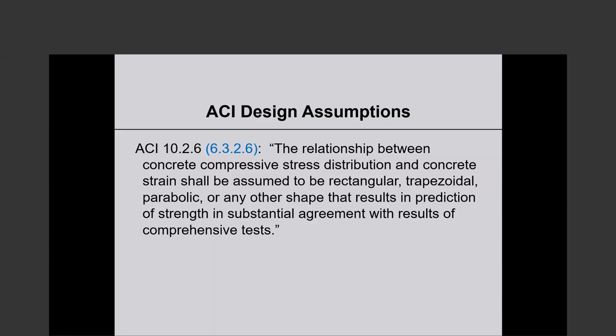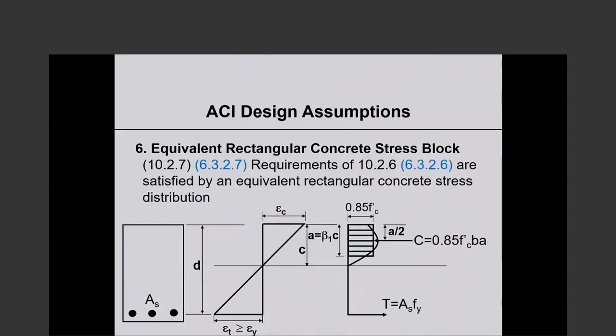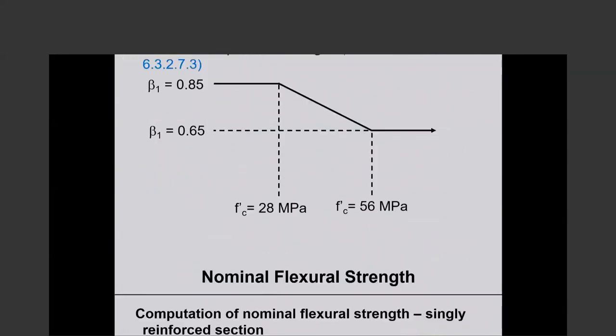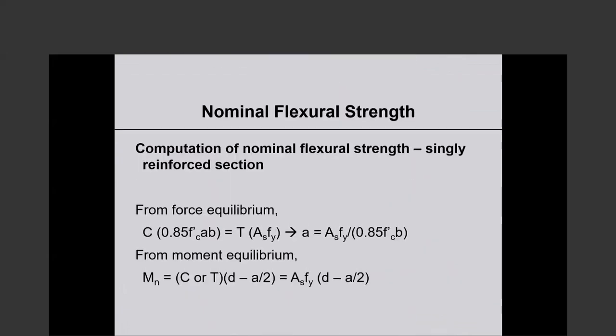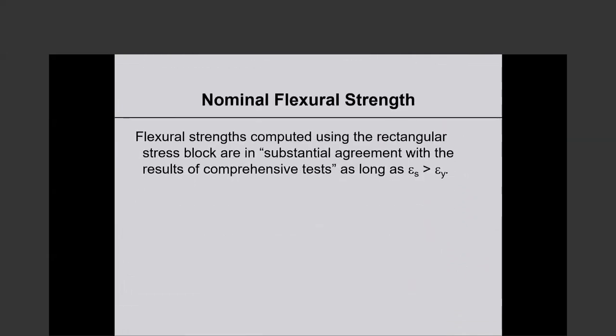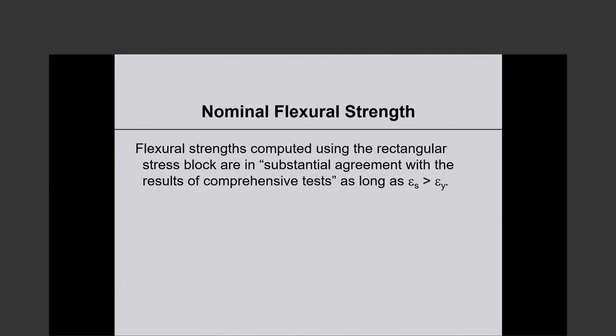However, what you postulate must result in prediction of strength in substantial agreement with results of comprehensive tests. So we are now saying that ACI 318 has postulated a rectangular stress distribution, but that would be valid only if the results of computation are in substantial agreement with the results of comprehensive tests.